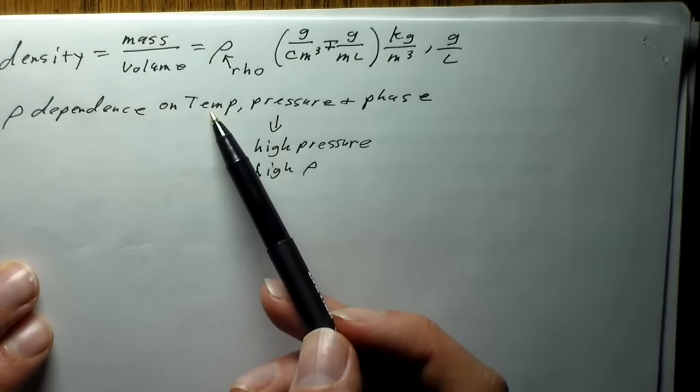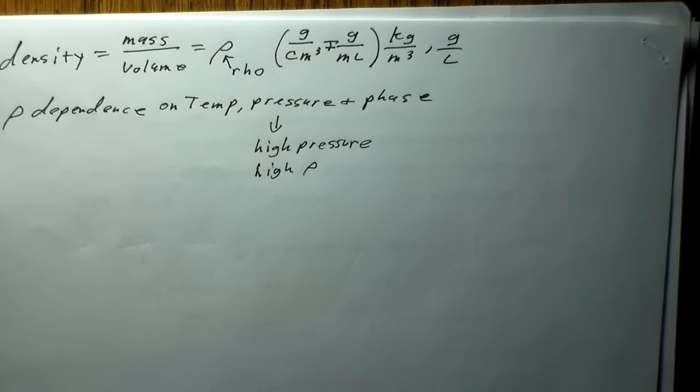Okay. And then as for the temperature, if we're dealing with gases, it's quite easy to understand because the gases are going to be moving faster if you heat them up. They're going to start expanding, and your density is going to decrease. If you're dealing with liquids or solids, generally that's what happens as well, but there are some important exceptions like water.